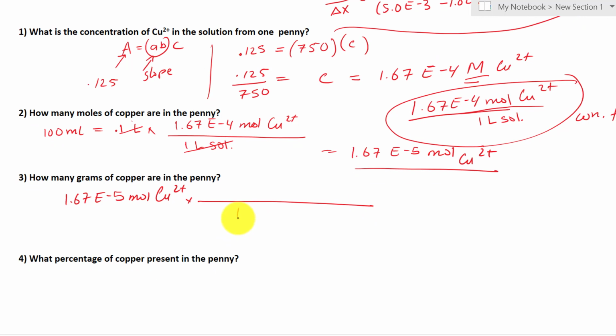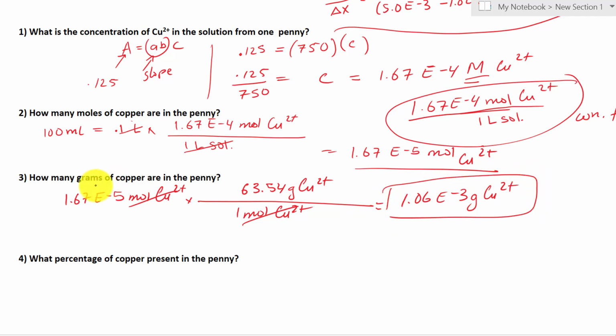So we have 1 mole of copper 2 plus on the bottom, and the grams will be on top, 63.54 grams of copper 2 plus. The moles cancel out, and if we plug this into our calculator, we have 1.06 e to the negative 3 grams of Cu2 plus. And that would be the mass of copper in grams right there.